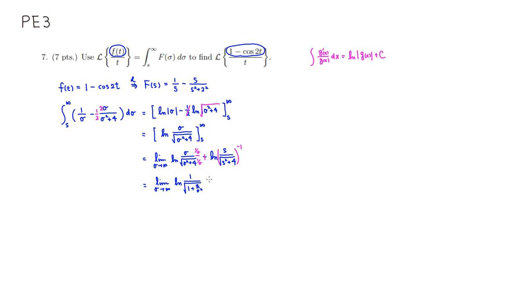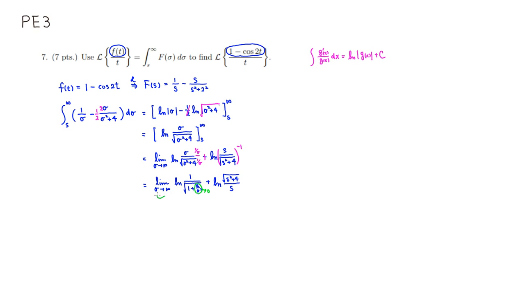So you get plus the natural log of the square root of s squared plus 4 over s. As sigma goes to infinity, 4 divided by sigma squared approaches 0, so that part is the natural log of 1, which is 0.